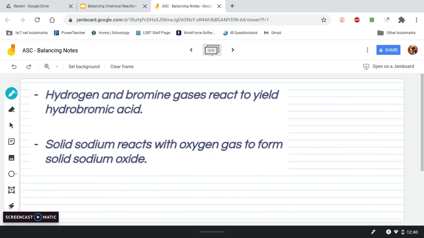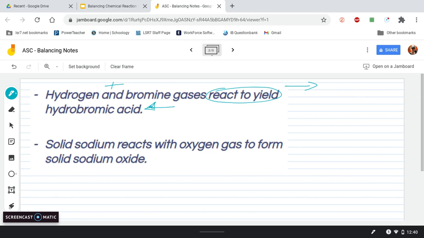So hydrogen and bromine. "And" is a plus, because they're hydrogen and bromine. "React to yield" means draw an arrow. Hydrobromic acid. Okay, hate acid. You guys don't like the acids, but at this point you should at least be able to look them up. If you can't, just Google it, right?